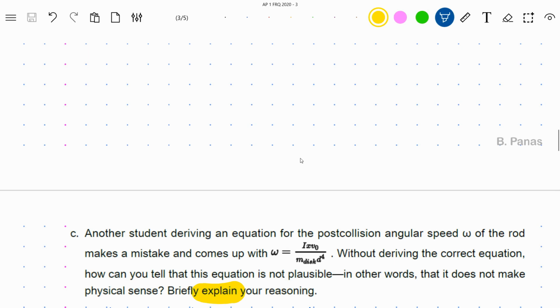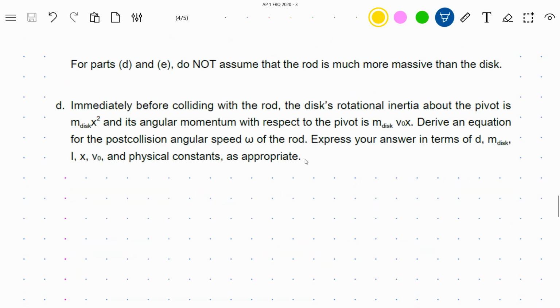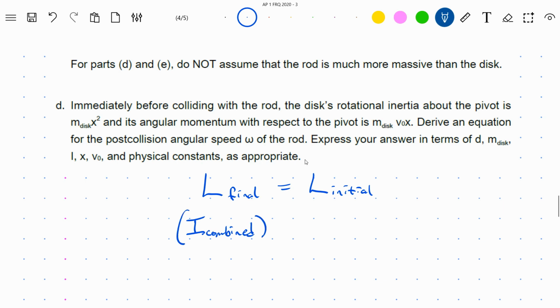So let's get to work, basing it on the angular momentum conservation. How about something like this? The angular momentum L final has to be equal to the angular momentum L initial. So this is just before the collision and just after the collision. After the collision, we're going to have a moment of inertia, I combined, times the omega combined.